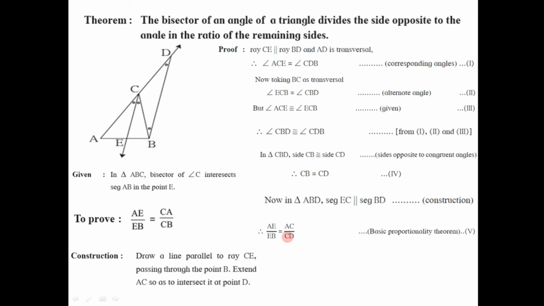So if we write CB instead of CD, we get AE divided by EB is equal to AC divided by CB. This is from equations 4 and 5. That is what we wanted to prove: AE divided by EB is equal to CA divided by CB. So this is the angle bisector theorem, which is proved by using the basic proportionality theorem.